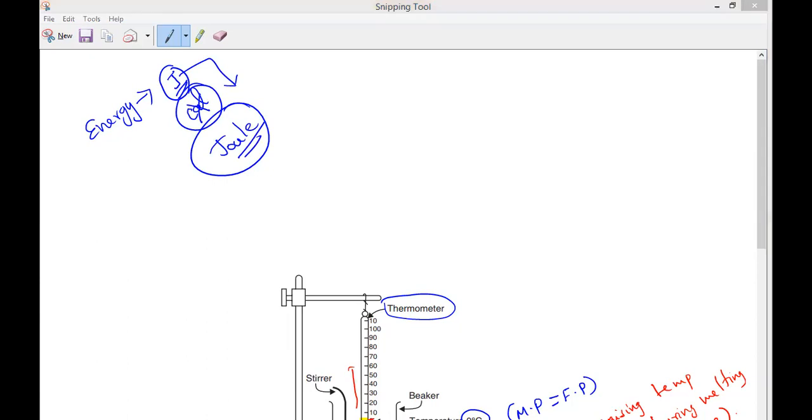So what do you mean by latent heat of fusion? All of you write the definition. Latent heat of fusion, or also we can call it, in brackets, melting.